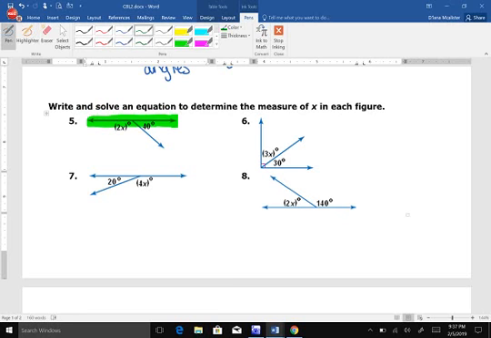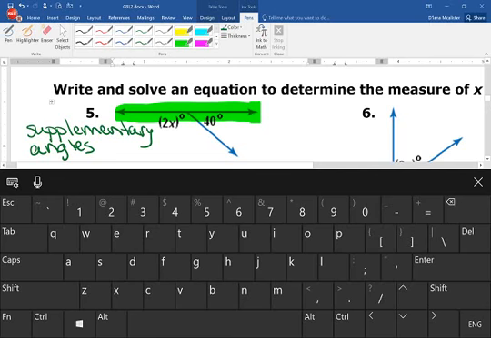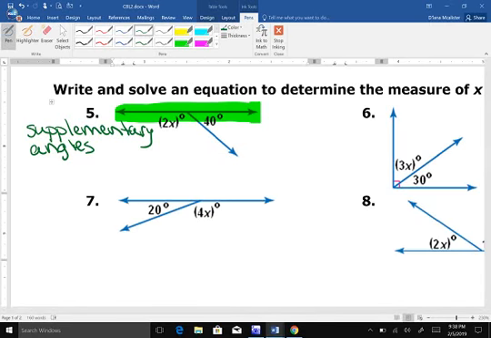And because it creates a straight line, we know that these two angles are supplementary angles, which means they will add up to 180 degrees. You can add 2x plus 40 equals 180 degrees.